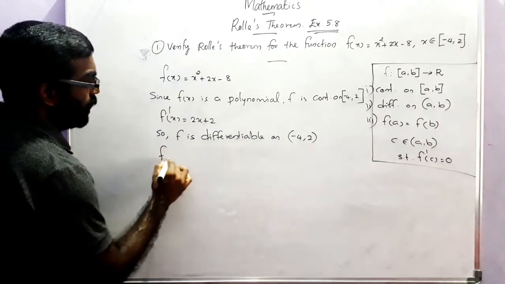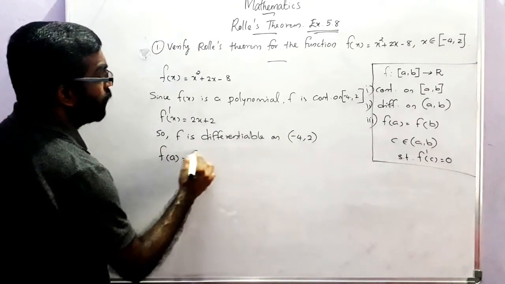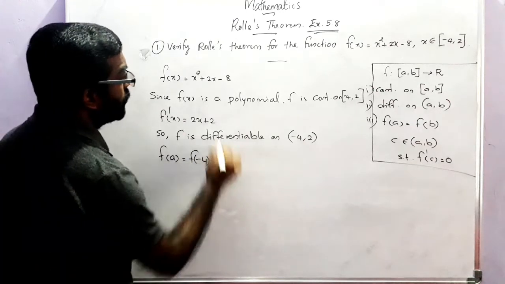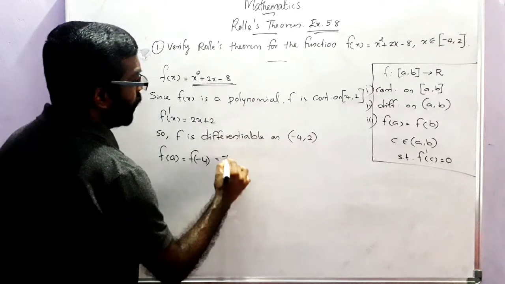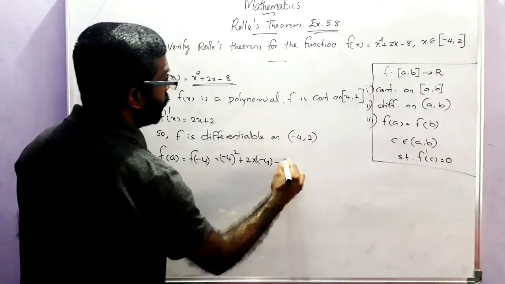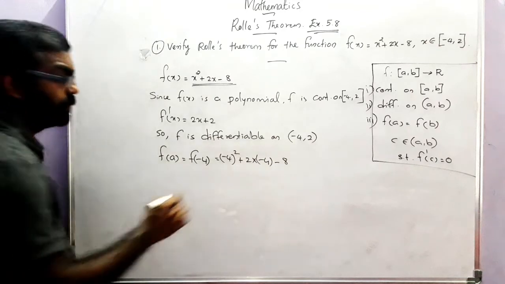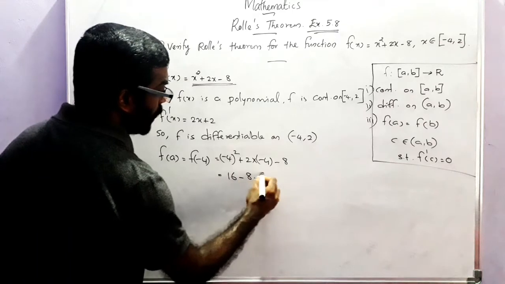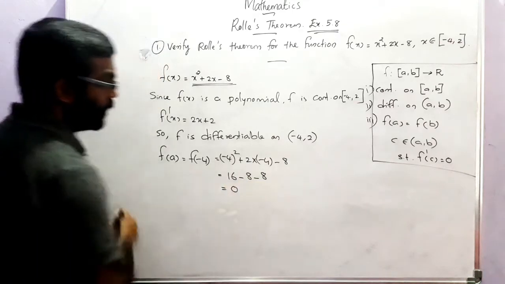Now the third one is f of a. f of a is equal to f of minus 4, as here a is minus 4. We replace x by minus 4: minus 4 the whole square plus 2 into minus 4 minus 8. That is 16 minus 8 minus 8, which is equal to 0.